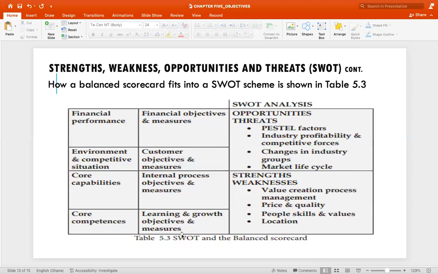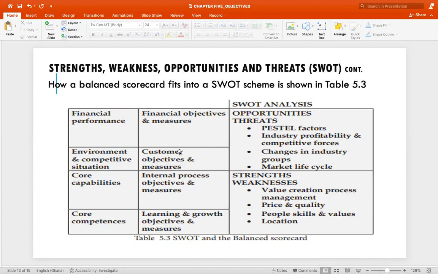If you can analyze the strengths and weaknesses and work on your strength well, you'll be able to gain some of the issues in the balance scorecard. If you pay attention to the opportunities and threats and take advantage of your opportunities, you'll be able to meet some of the targets or objectives in the balance scorecard. Okay, so that's what this one is basically saying.